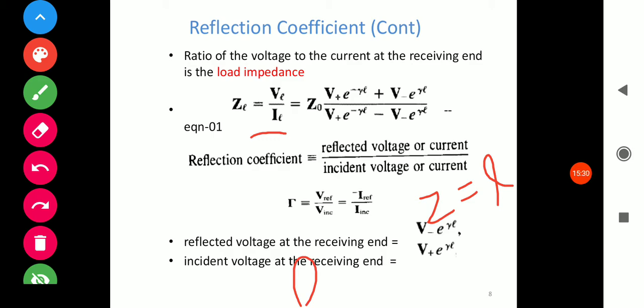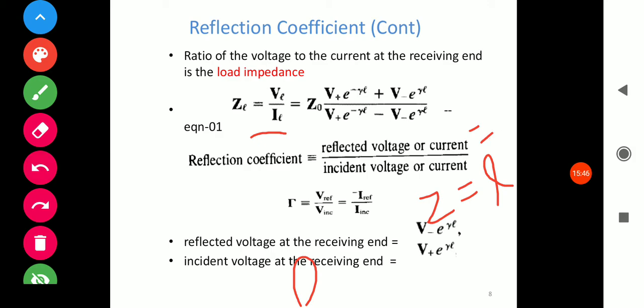If there is no reflection, if it is perfectly matched, that is, if we terminate the line with a load equal to the characteristic impedance Z0, then the reflection will be 0. There is no reflected voltage.